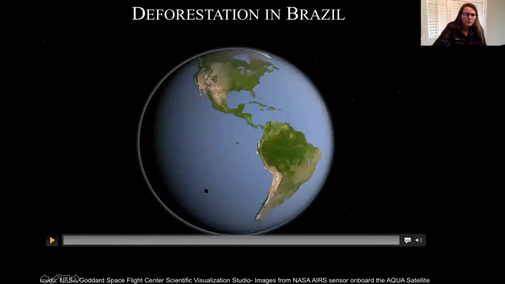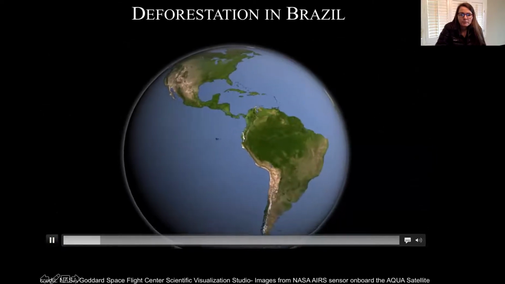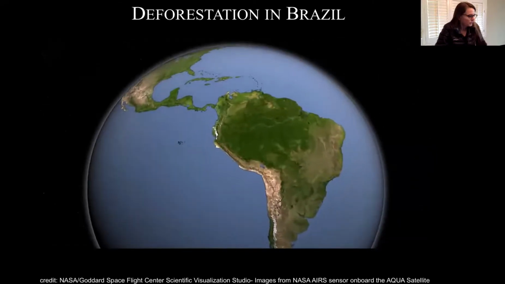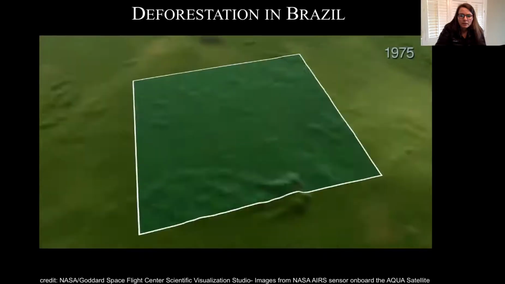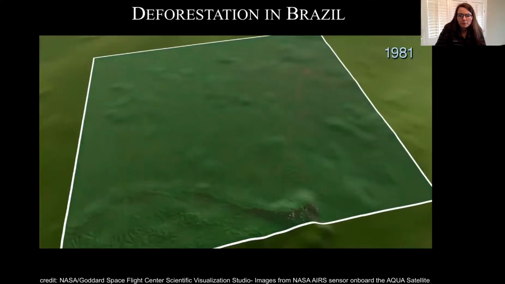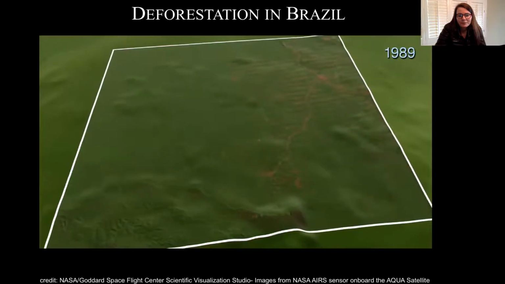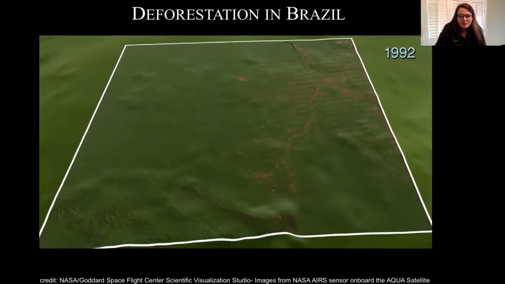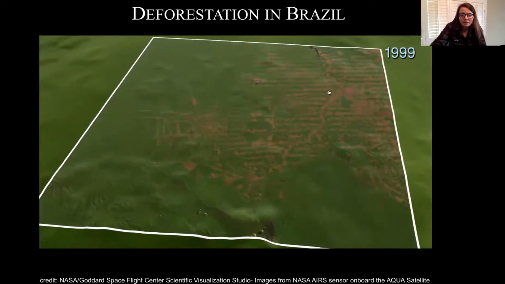And as you saw, another thing that we are monitoring from space is deforestation. As you saw in the previous animation that was shown, it shows the severity and how big of an environmental impact this has.